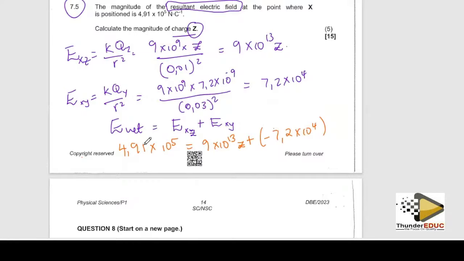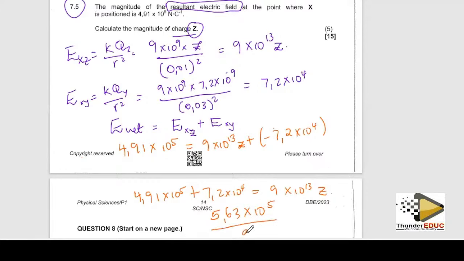All right, then I'm going to move that to that side. So that's going to be 4.91 times 10 to the 5 plus 7.2 times 10 to the 4 is equal to 9 times 10 to the 13 Z. I simplify the 4.91 times 10 to the 5, but I'm adding the 7.2 times 10 to the 4. That's giving me 5.63 times 10 to the 5.